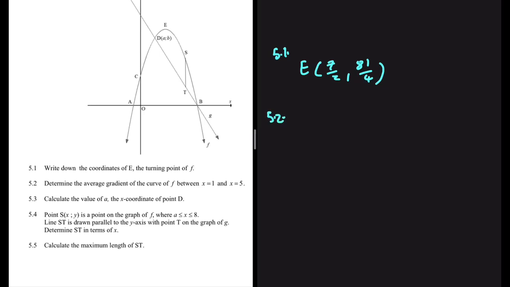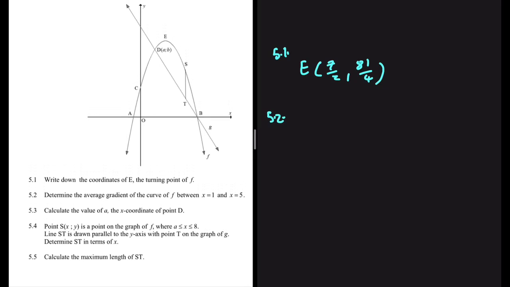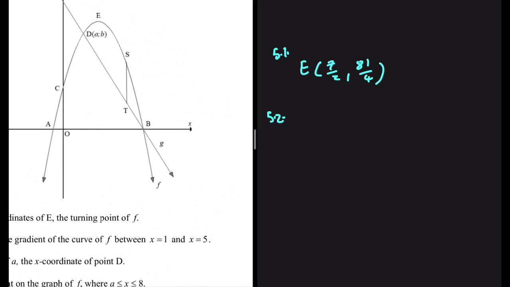Determine the average gradient of the curve of f between x is equal to 1 and x is equal to 5. So we're looking for the average gradient. Let's just remind ourselves what gradient is. Gradient is just y2 minus y1 divided by x2 minus x1.